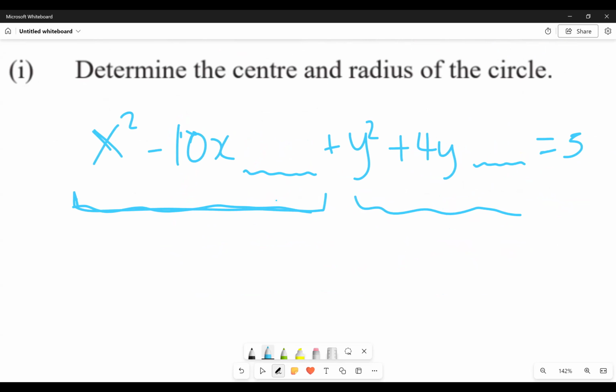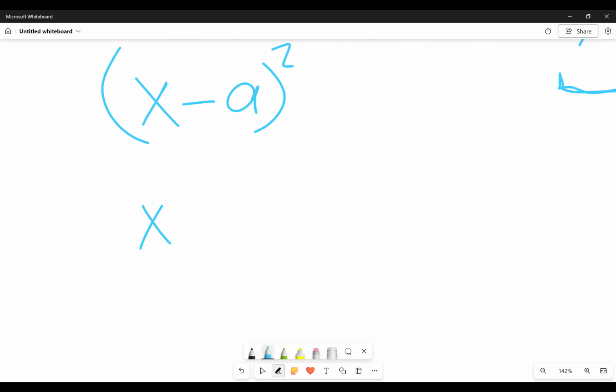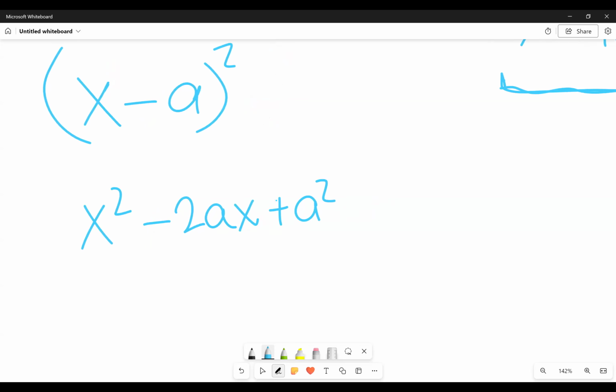Remember that for a perfect square, if I have x minus a squared, we're going to have x squared minus 2ax plus a squared.